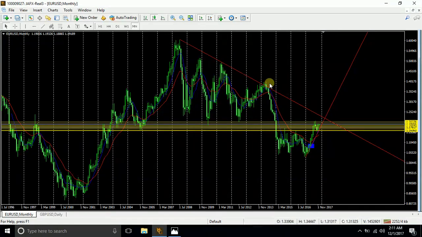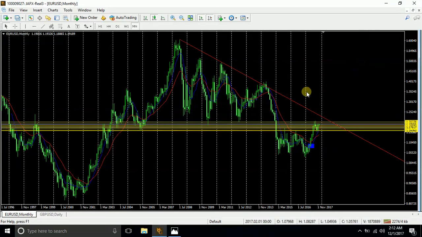We get two touches on this line, well, three touches. 1, 2, 3. On this one, from here to here, we would have only got 2, which would have been 1, 2. The more the better. Okay, so there's some more trend lines.